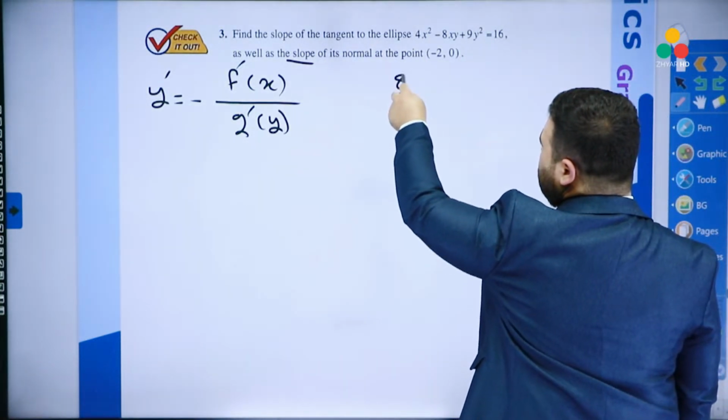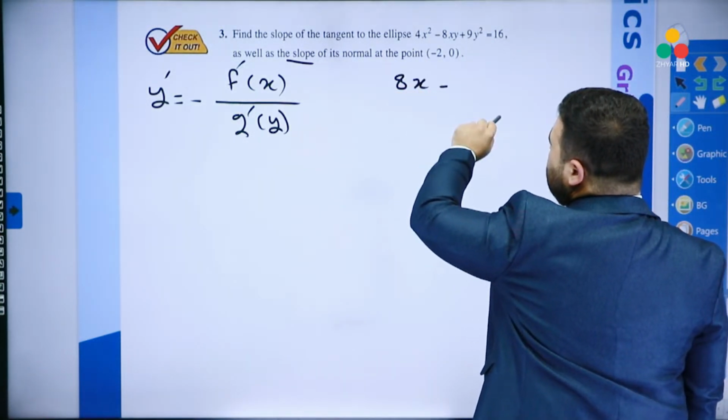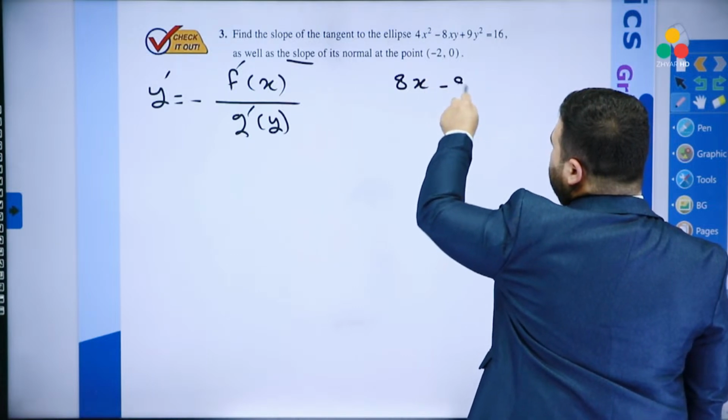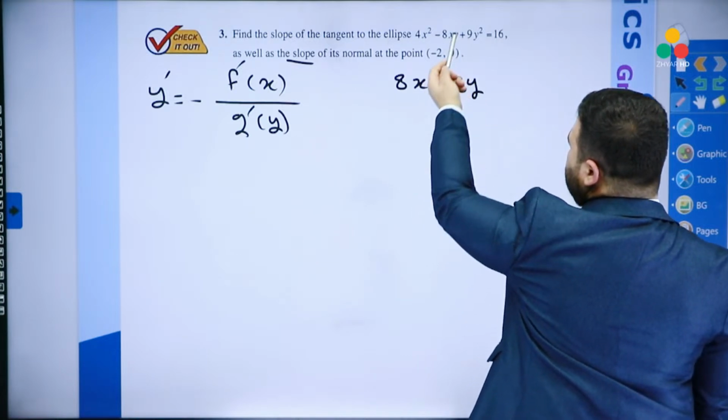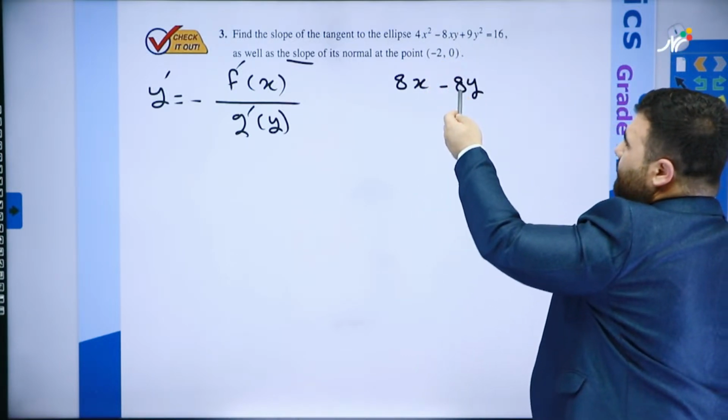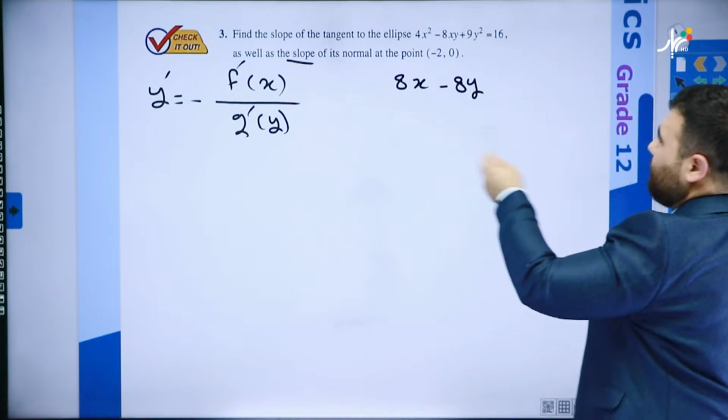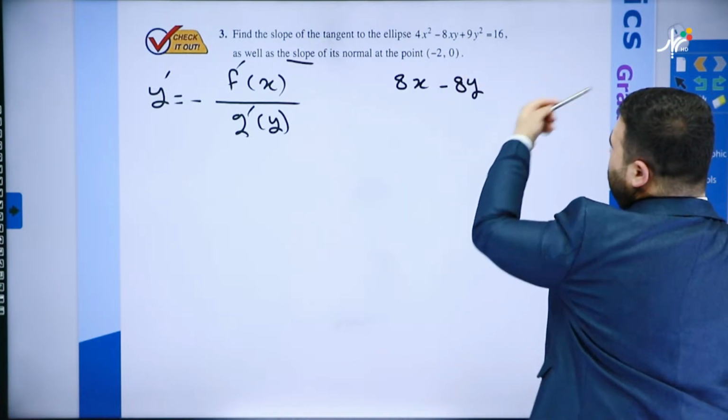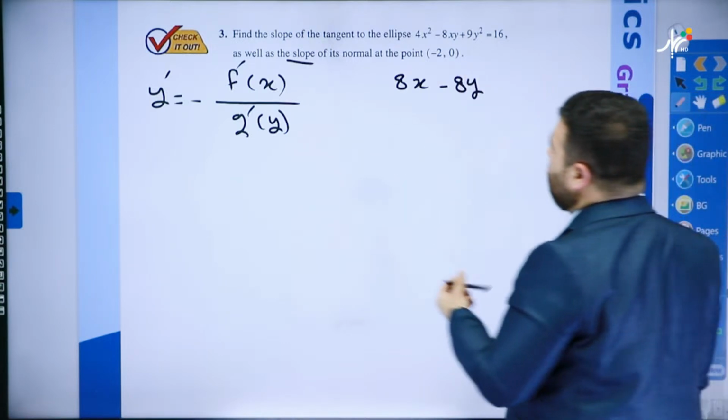This will be 8x minus 8y. The derivative of x is 1, and we consider 8 and y numbers, so it will be 8y, and this part will be 0. That's the derivative according to x.